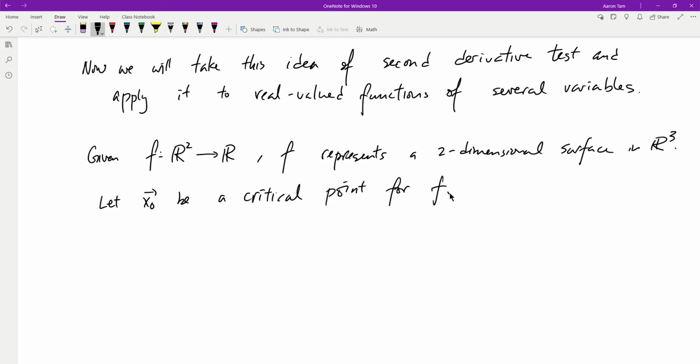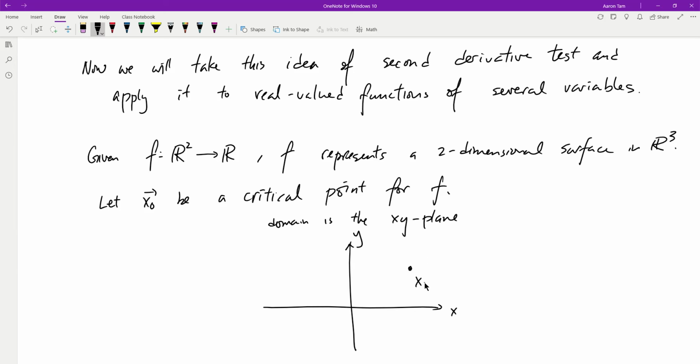The problem with a function like this one, where the domain is the xy plane, is that any point on this xy plane, x sub 0, would have infinite directions that can go toward this one point.